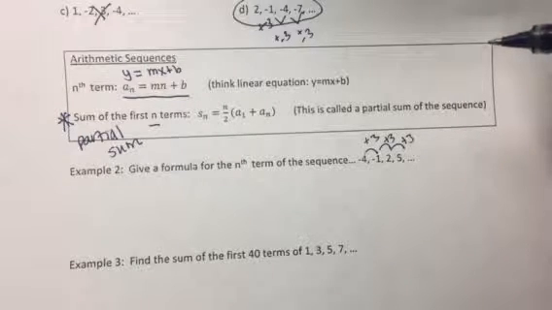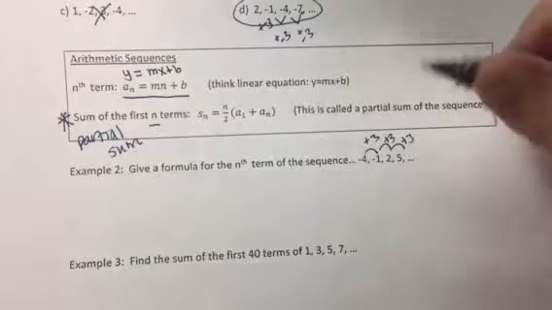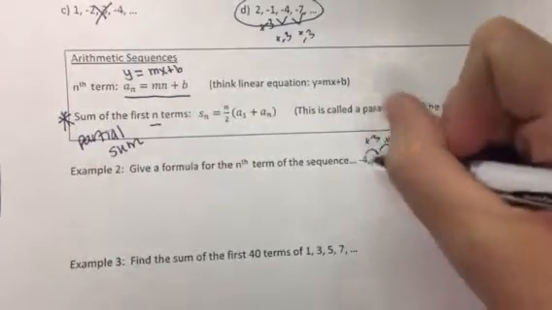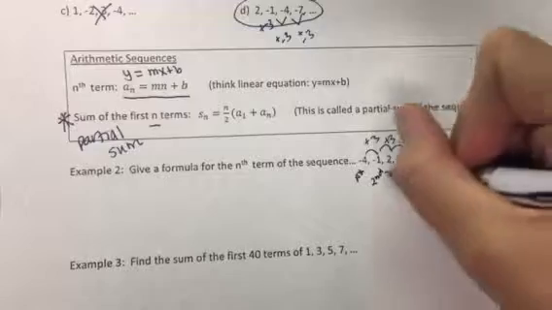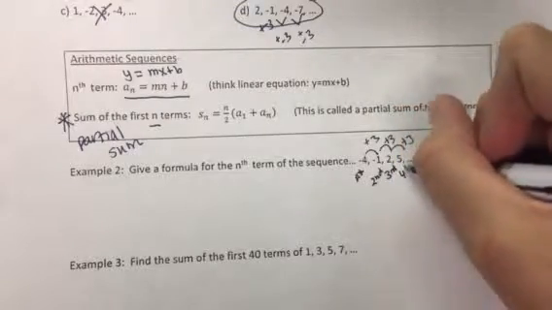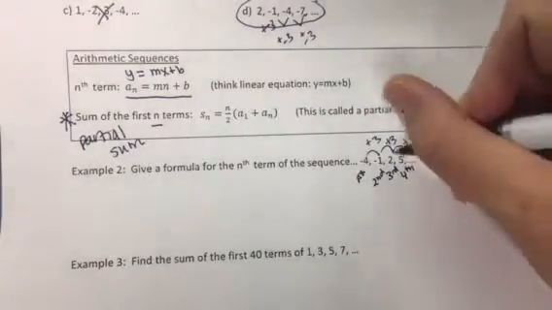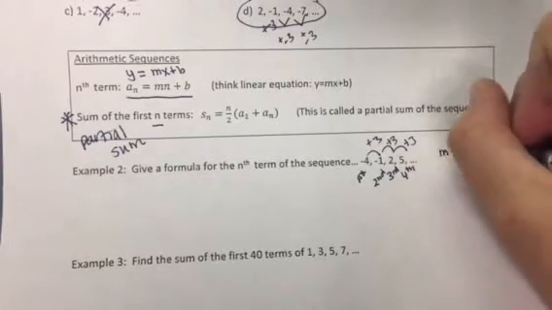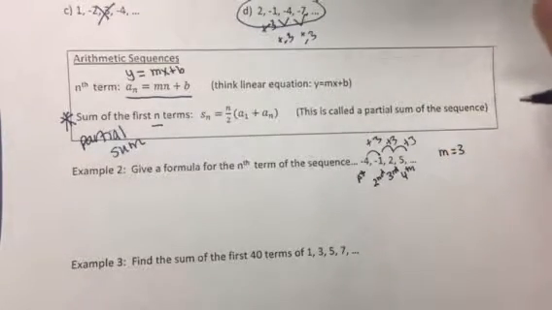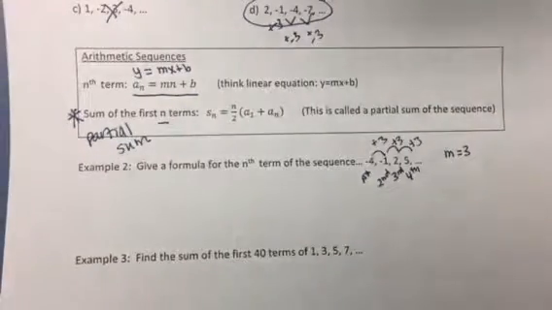If I think about what term this is, the first term, second term, third term, and fourth term, this plus 3 is like my rate of change, so that's like my slope. In other words, I'm making the analogy to this being a linear function.